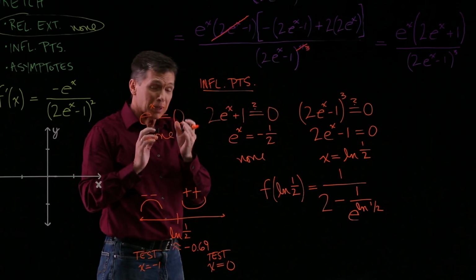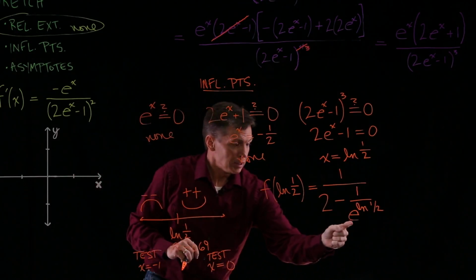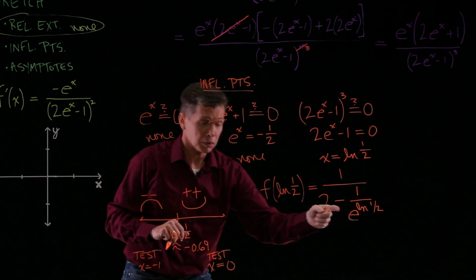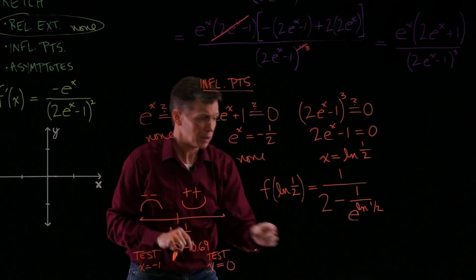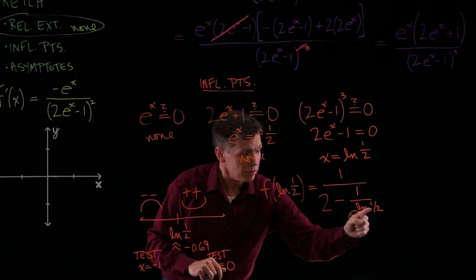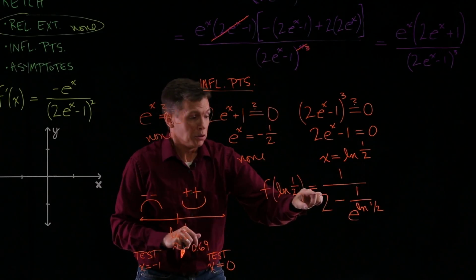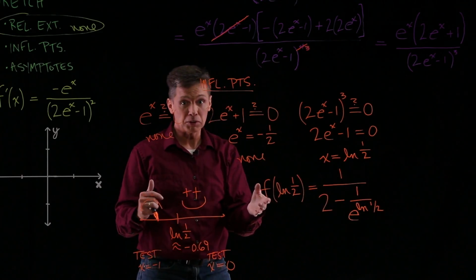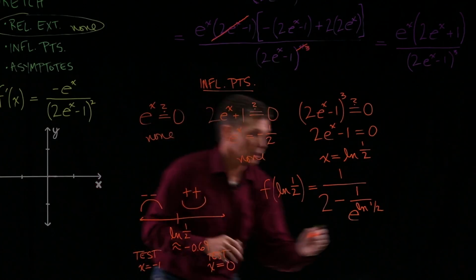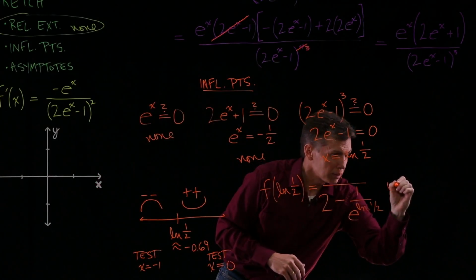Okay. And I like this because e raised to a natural log, that's one of our properties where they kind of cancel each other out. So you're only looking at the 1/2. 1 over 1/2, that reciprocates to 2. So 2 minus 2, that's a 0 in the denominator, big red flag. So this is undefined here.